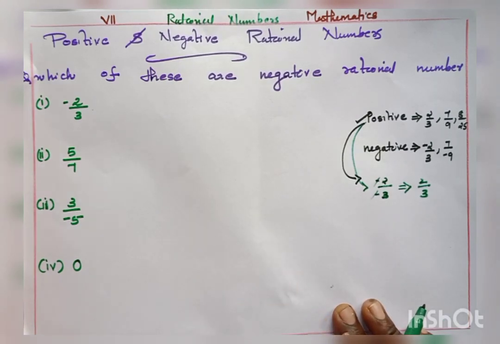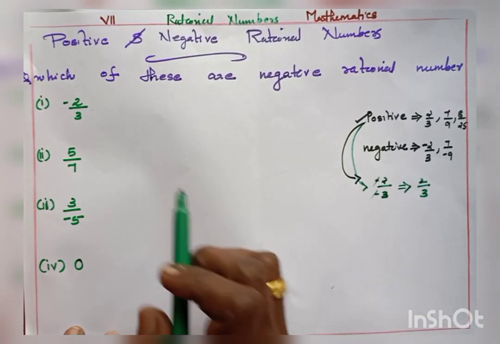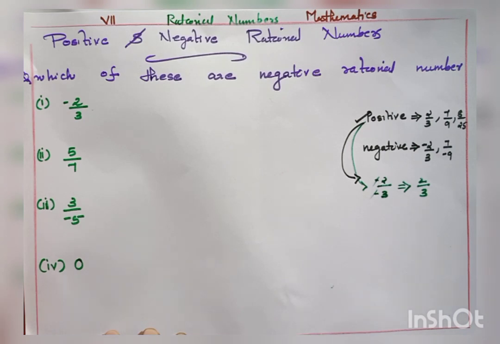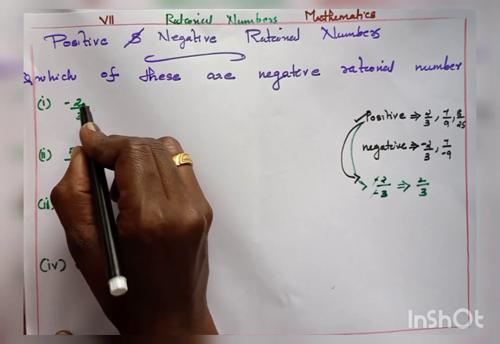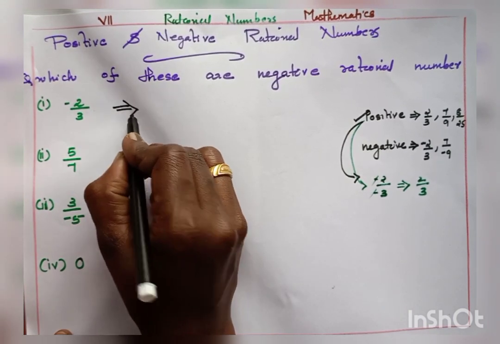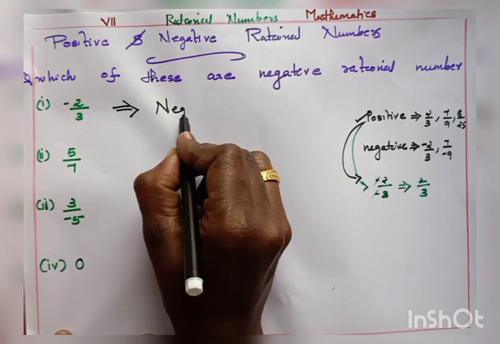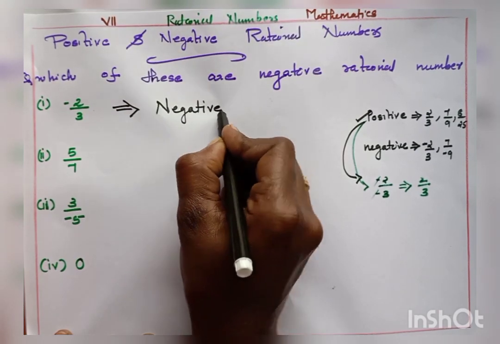Okay. Here is the first question, which of these are negative rational numbers? Negative rational numbers have either the numerator or the denominator with a negative sign. See, here the numerator has a negative sign, so this is a negative rational number.